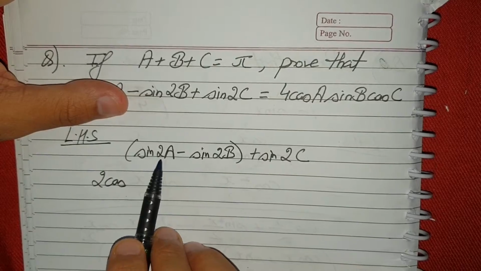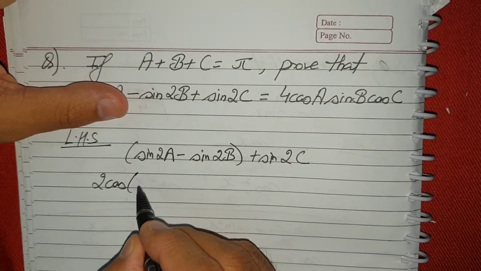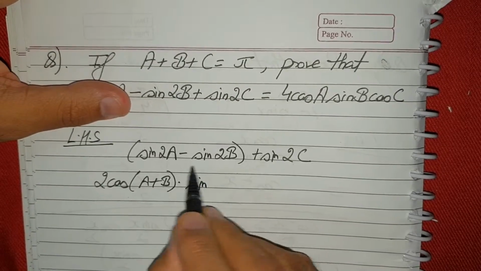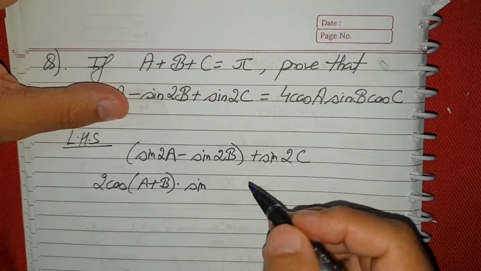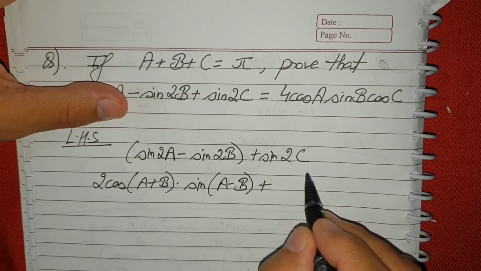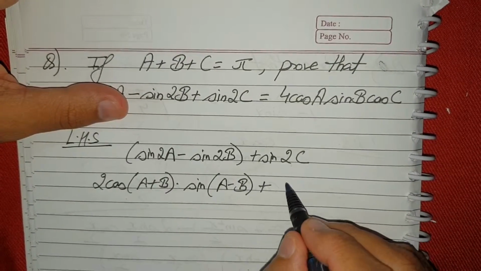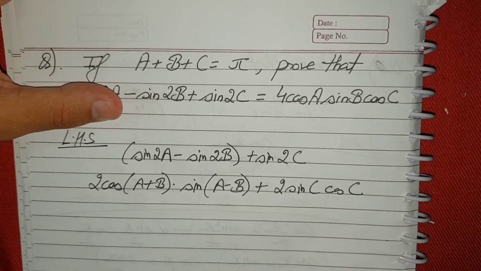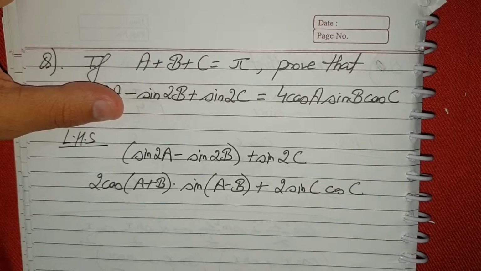Now see, this is 2A plus 2B by 2, which will be A plus B, into sine, again 2A minus 2B by 2, taking 2 common, is sine A minus B, plus sine 2C, you can write 2 sine C cos C. This is directly by the formula.